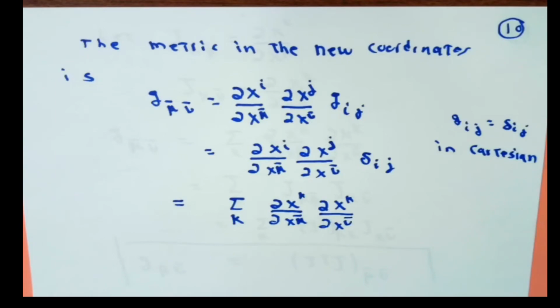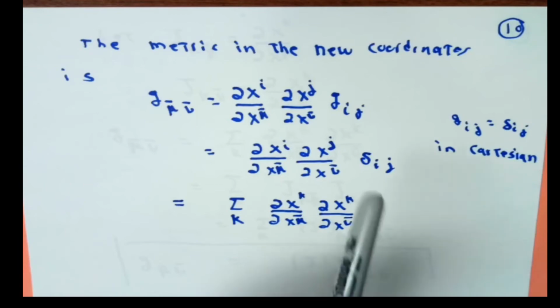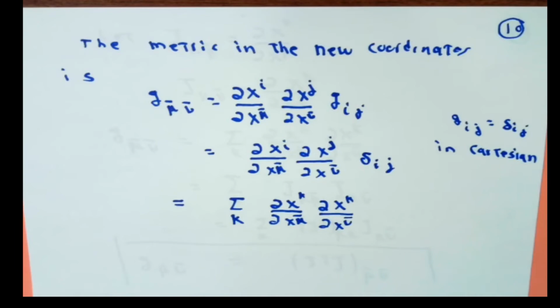The metric in the new coordinates is easily calculated. Since the unbarred coordinates are Cartesian, the components of the metric are the components of the Kronecker delta, 1 or 0, depending on whether i and j are equal to each other. So this is going to be the sum over all indices k of the partial of x^k with respect to x^mu-bar, times the partial of x^k with respect to x^nu-bar.